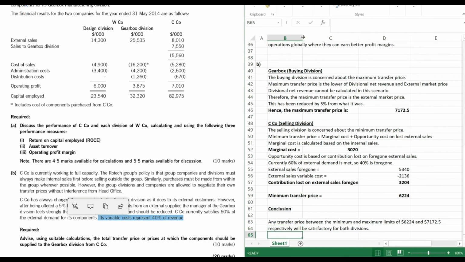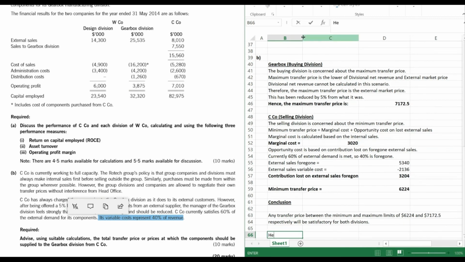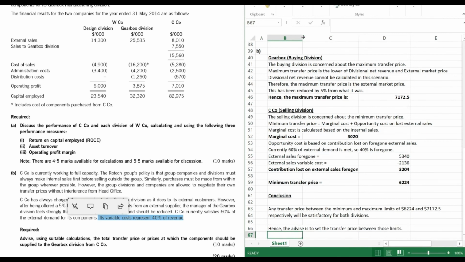Okay, so we give our conclusion, we've given our advice, hence the advice is to set the transfer price between those limits. Okay, we've given our advice, we've shown the calculations, and we're done with this question.